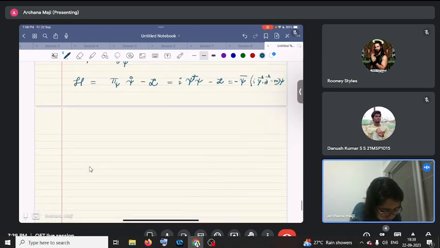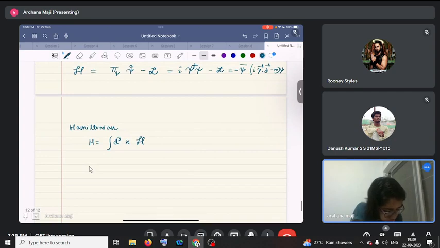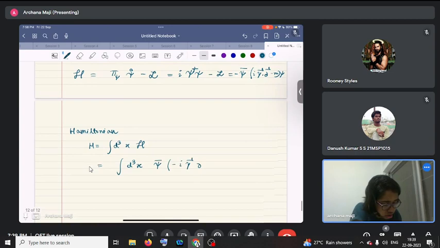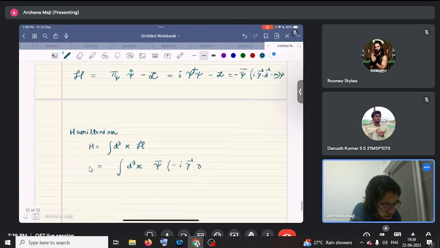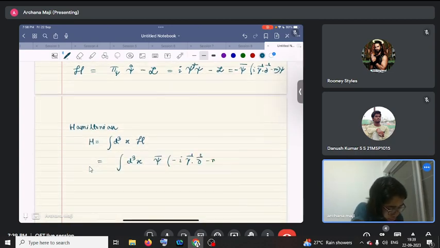Okay, or the Hamiltonian is d3x times the Hamiltonian density, which is d3x times, let's put the minus inside, psi bar (minus i gamma dot del plus m) psi. Okay, so this is what we want to evaluate.